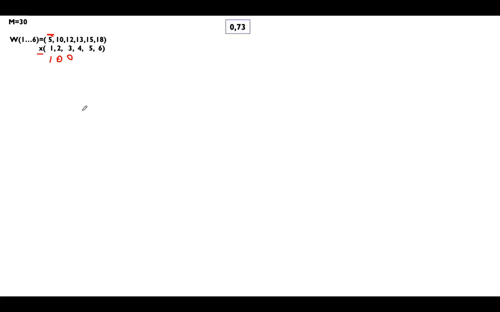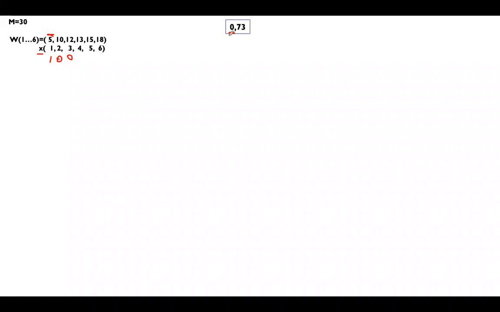In backtracking, we have to start with a node. A rectangular box is taken here as a node. Here, 0 indicates the root. We are in the root, okay? 0 indicates we have not selected any element so far. You can consider this 0 as the weight selected so far. 73 is the total weight of these elements: 5 plus 10 plus 12 plus 13 plus 15 plus 18 leads to 73.